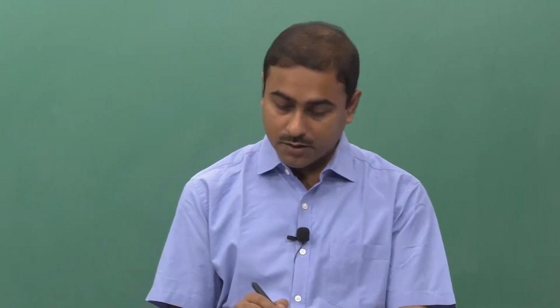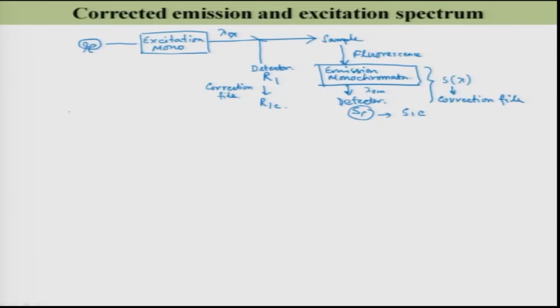So, for a given value of lambda excitation, let us say this is my given value, lambda Ex, if I plot intensity versus lambda emission, then whatever you will get is your emission spectra.